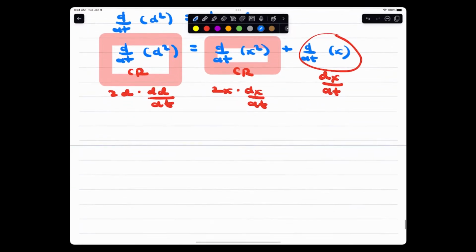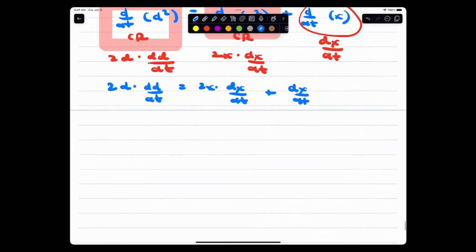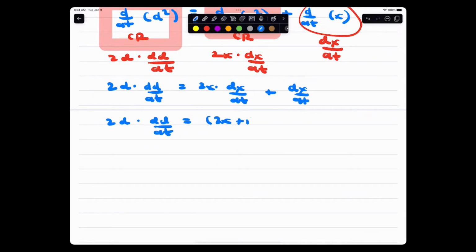So if you guys are getting these kind of equations, good for you guys. And so I think here we'll say 2d dd dt will be 2x plus 1 times dx dt, right?